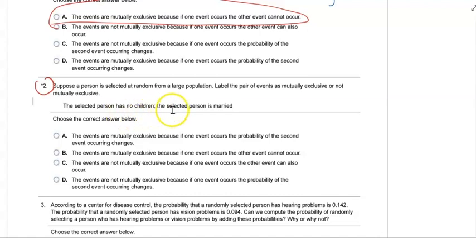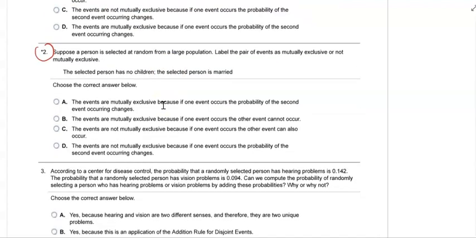Even if the person is married, that person might not have children. Therefore you might get a person that is married but has no children at the same time. In other words, the same person can be married and have no children. The answer for this question is C. The two events are not mutually exclusive because if one event occurs, the other event can also occur.